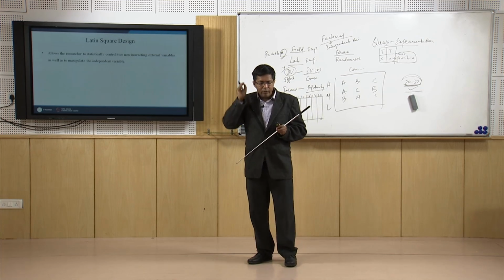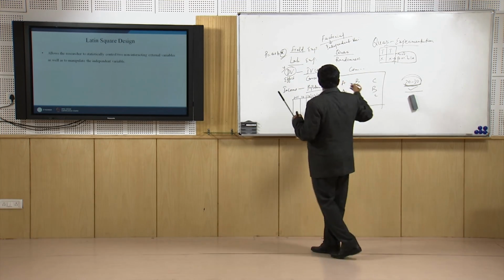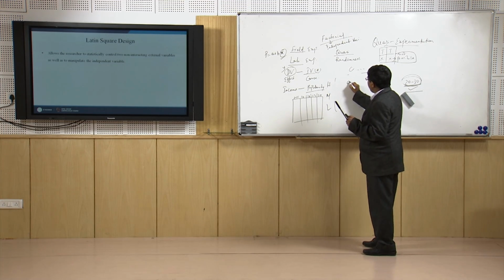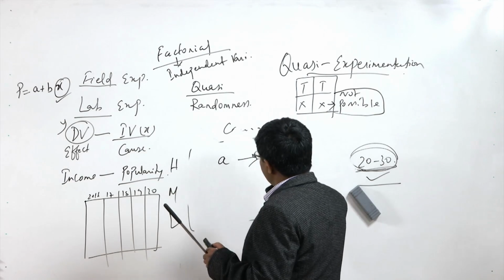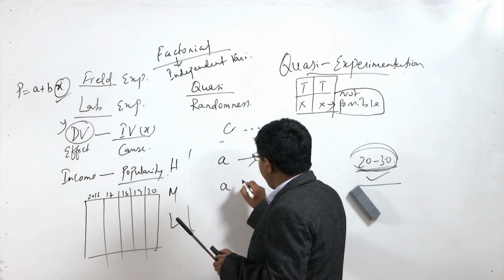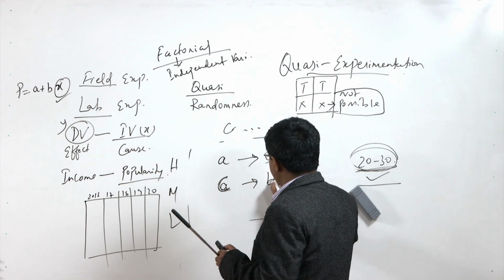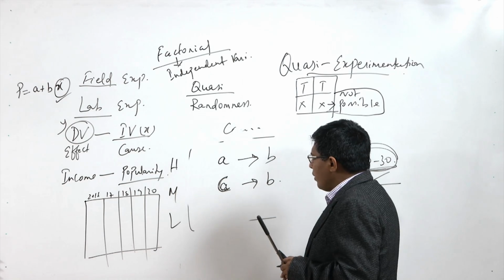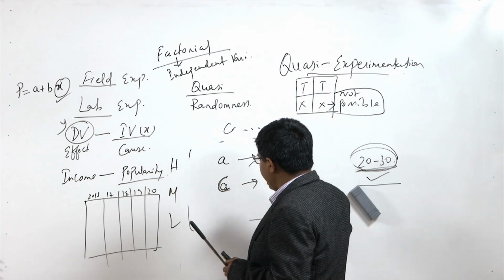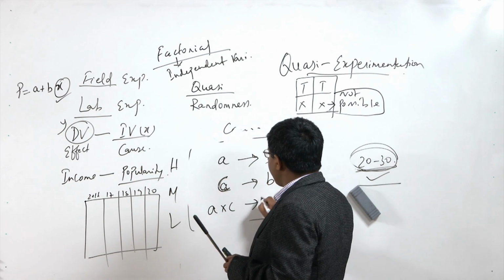Interaction effect means, let us say, A affects B, or B is affected by A. A affects B, and C affects B. Now, although these are independently affecting B, there can be a third thing: A and C together also have a way of affecting B.